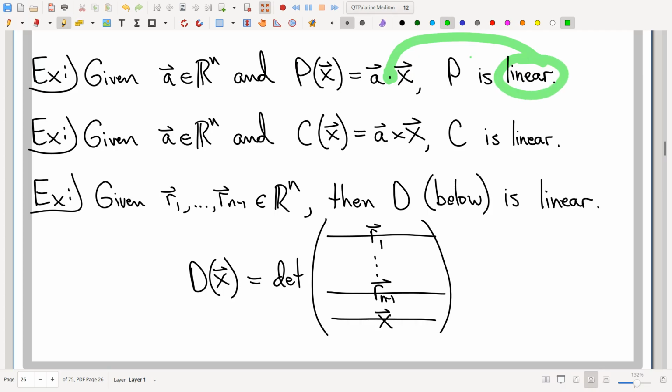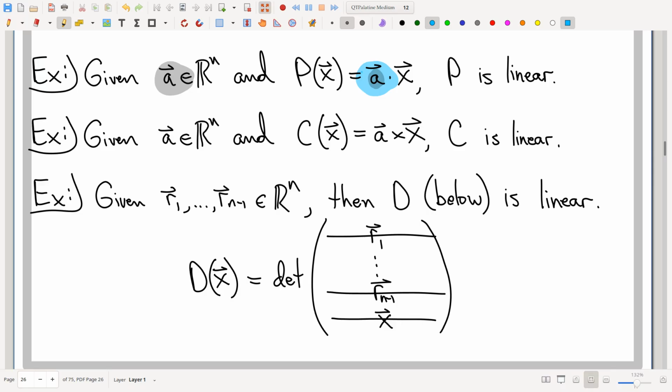Dot products are not linear. Dot products take in two vectors. You have to have two vectors to do a dot product. That is not what this is saying. I'm not saying the dot product itself is linear. What I'm saying is that if you fix some vector, we've already talked about this in relation to cross products, but if you fix some vector, and then you say, look, here's what I'm going to do. I'm going to go around doing dot products with that vector.